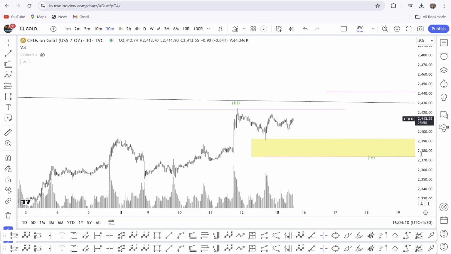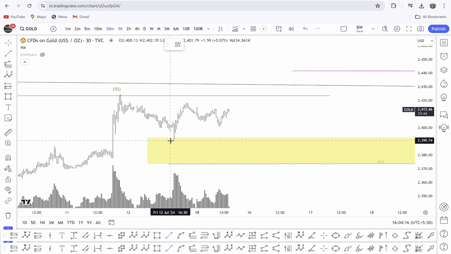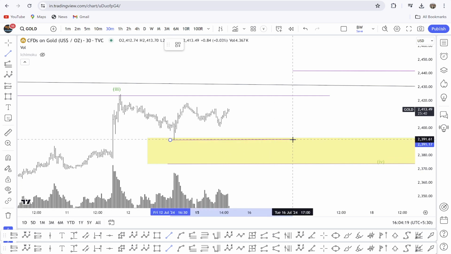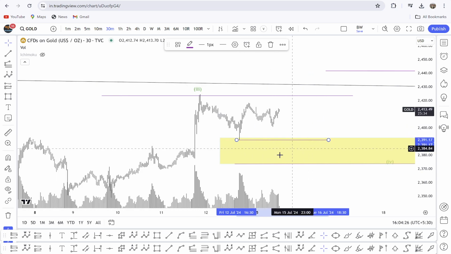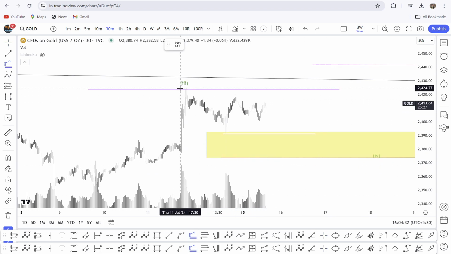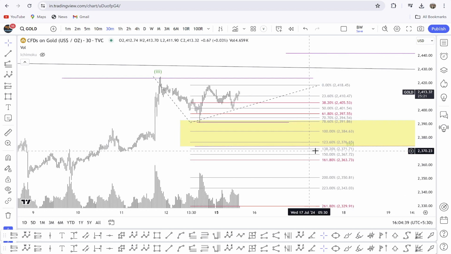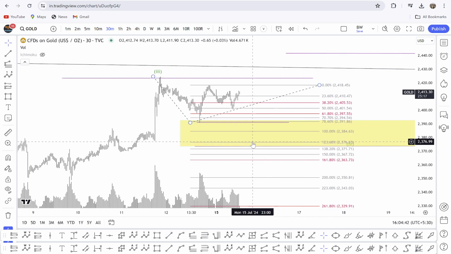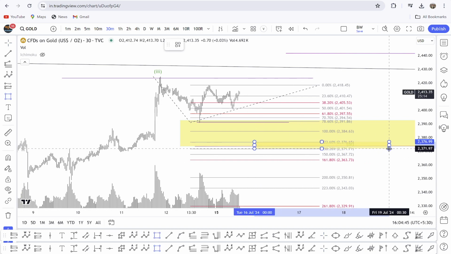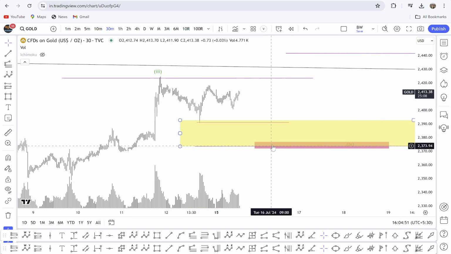Let's analyze this. If price goes below this point, 2391, then we may see one lower level, 2373, between 2376 and 2374.